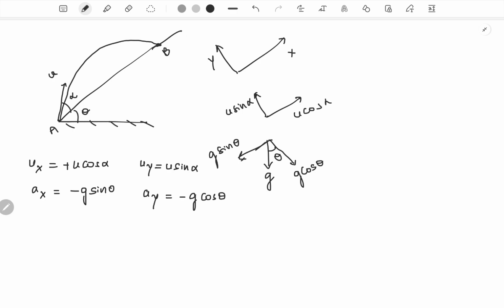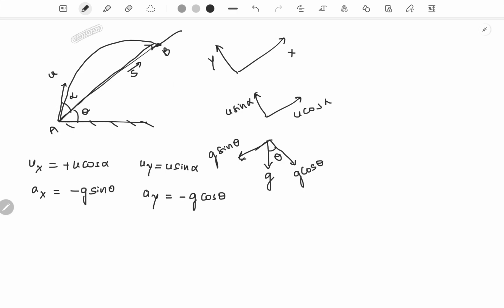The first thing we wish to find is the time taken by the body to go from A to B. This would be the displacement, and that displacement is parallel to the inclined plane, or parallel to the x-axis.